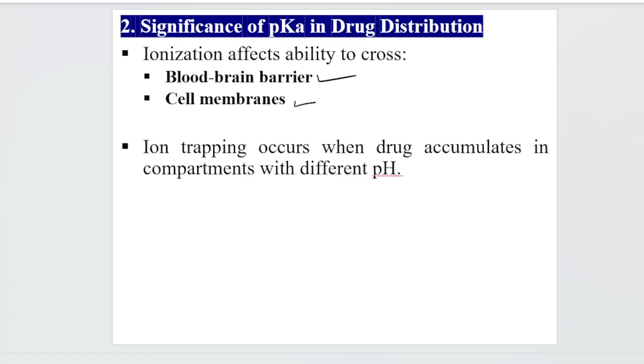The best example in our case is chloroquine, which is a basic drug. Its site of action is the RBCs, because the malarial parasite exists in the RBC. Once it is present inside the RBC, the drug becomes ionized, because the drug is basic in nature and the medium of the RBC is acidic compared to the extracellular fluid or plasma. The pH of plasma is 7.4, and the pH of erythrocytes is a little bit acidic.